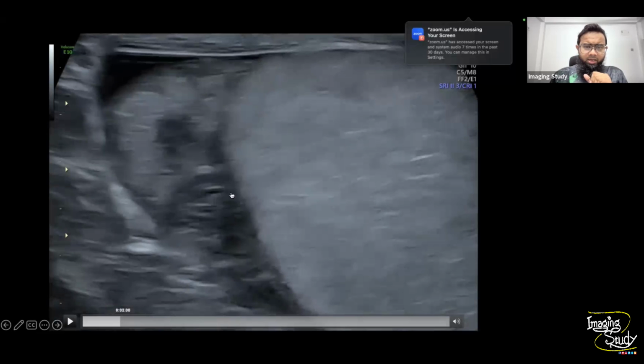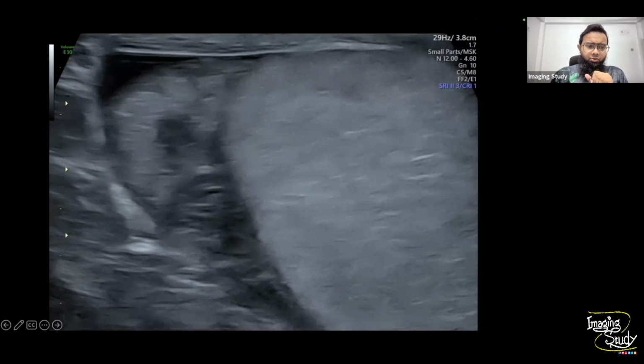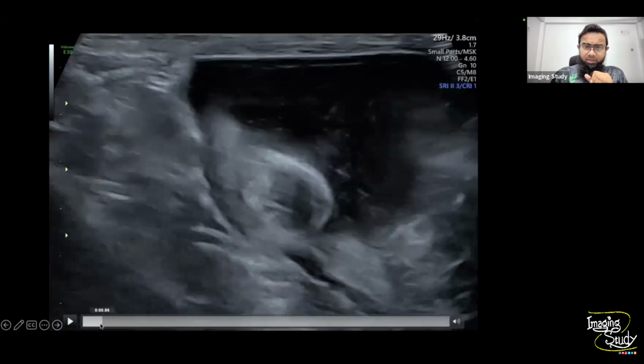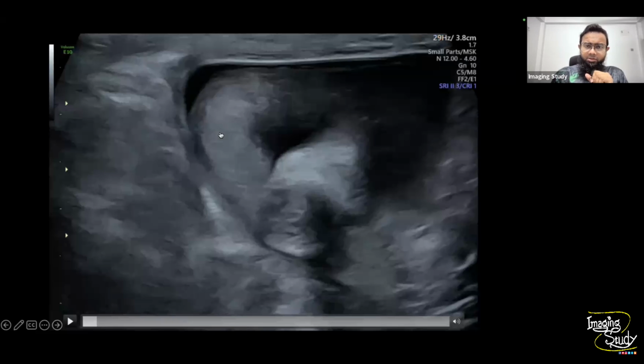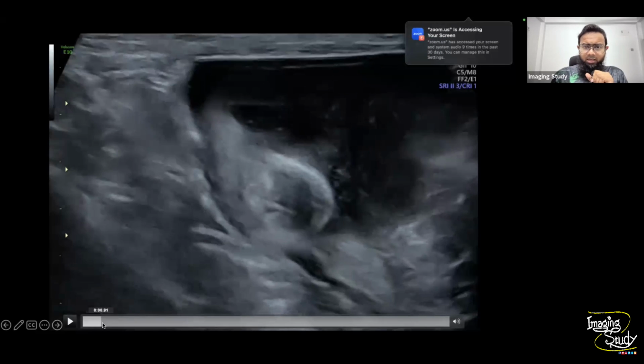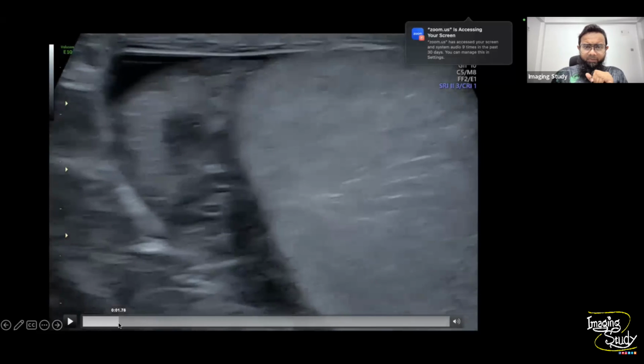You see, here you can see an onion-like appearance. These vessels are twisting at this point. So that is the area of concern. You see the epididymis is quite smooth here, but at this location, something unusual is happening.